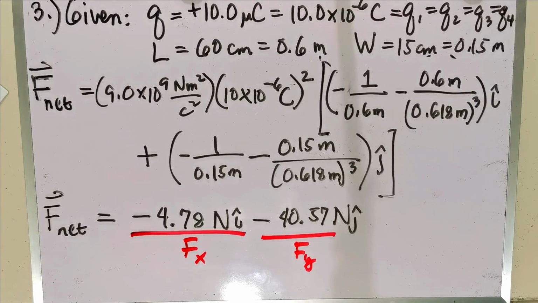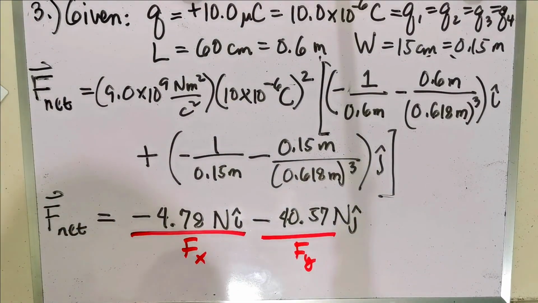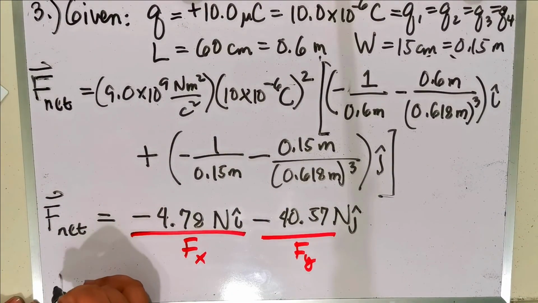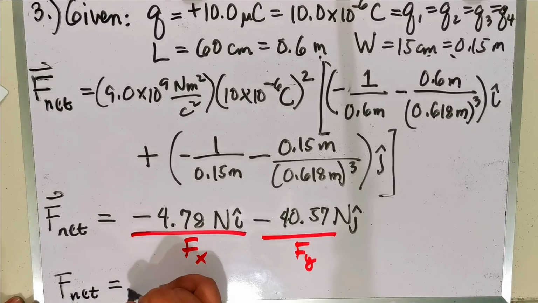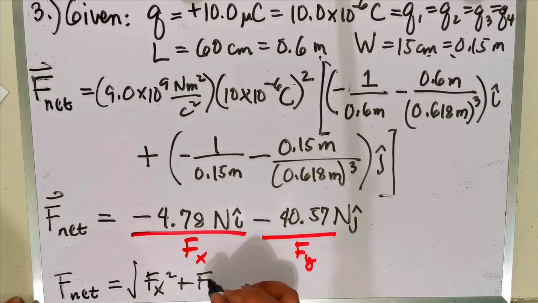With the idea of the components of vectors, we can now solve for the magnitude and direction using the Pythagorean theorem and the tangent theta function. For the magnitude of the force, there is no arrowhead since we are looking for the magnitude. F net is equal to the square root of Fx squared plus Fy squared.